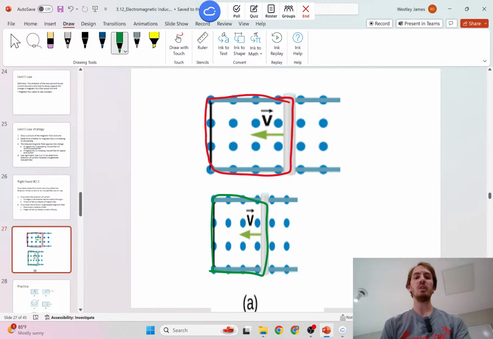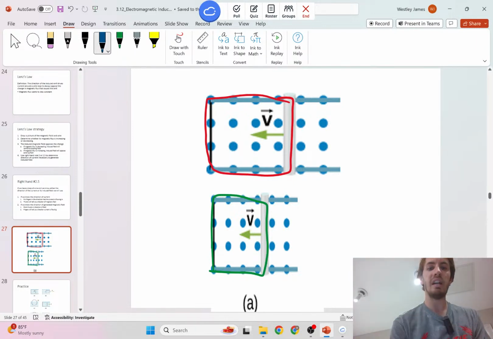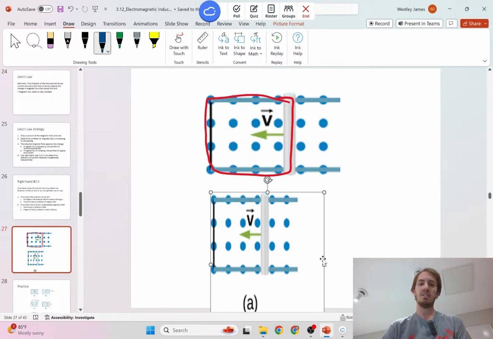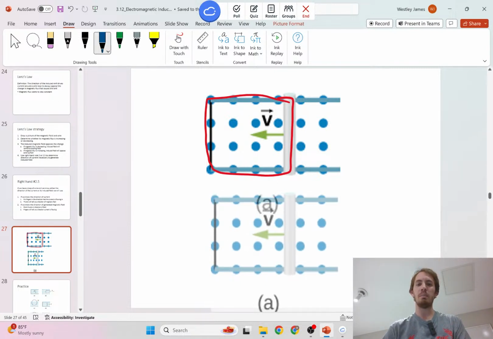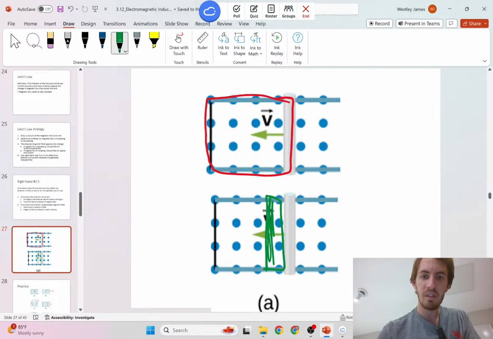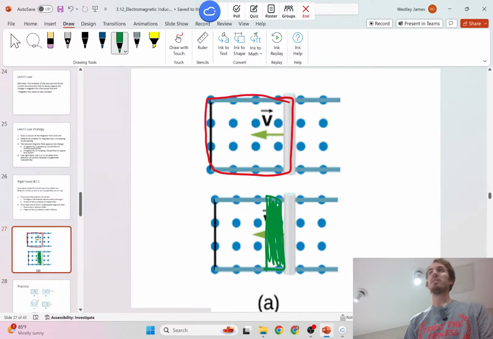Me shrinking the picture didn't do this justice, so let's take this and make it big like this one. There's no easy way to do this. My rod is now here. Let's color this in. Let's count the dots.